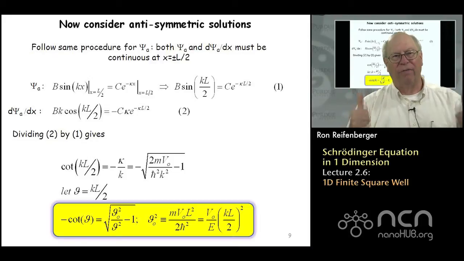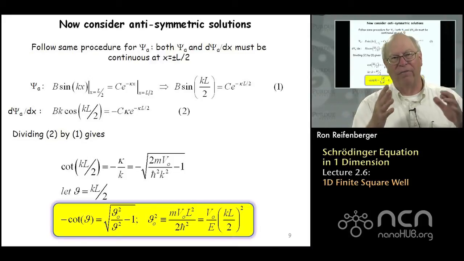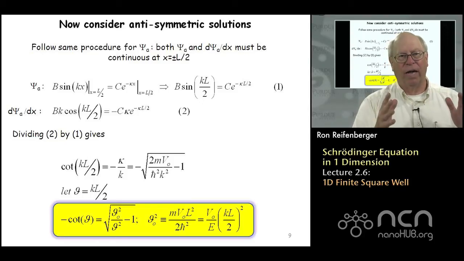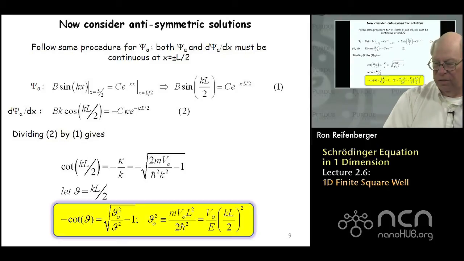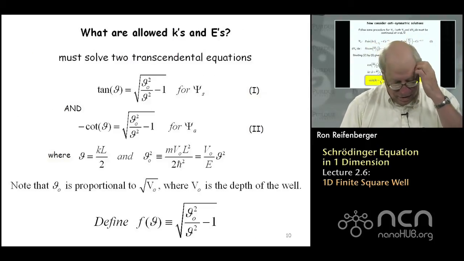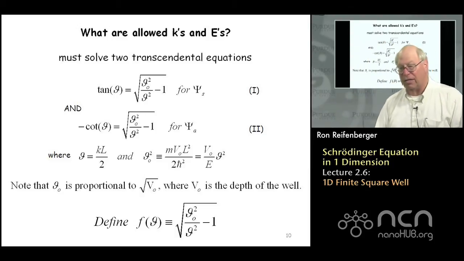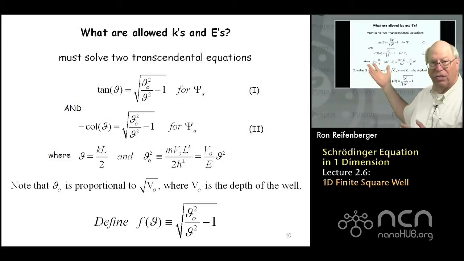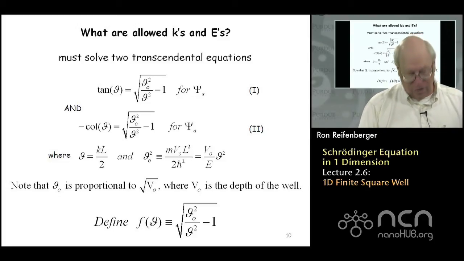Once we have allowed values of theta, that allows us to decide what the allowed values of k are. Once we have the allowed values of k, then we can calculate the allowed values of energy E for this problem. There's a number of ways to do this. What I just said I write down here. We have to do it for the symmetric and anti-symmetric solutions.